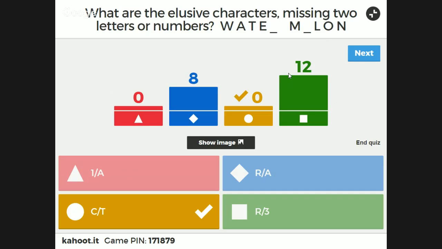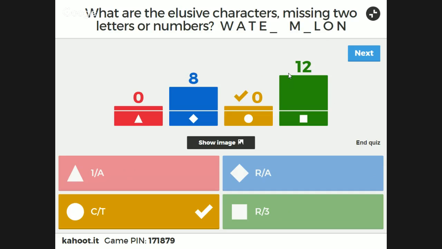Now the answer was, of course, CT, and no one got that. Okay, so for those of you who said RA, you're saying it says watermelon. That's not how you spell melon. I didn't make it RE for a very good reason, right? Interestingly, you thought it was RE because you thought the 3 was E. That kind of makes sense, right?